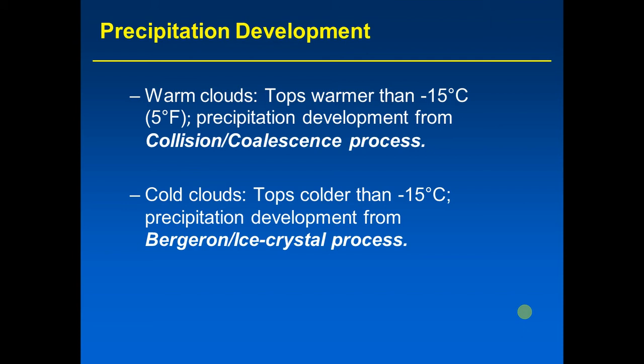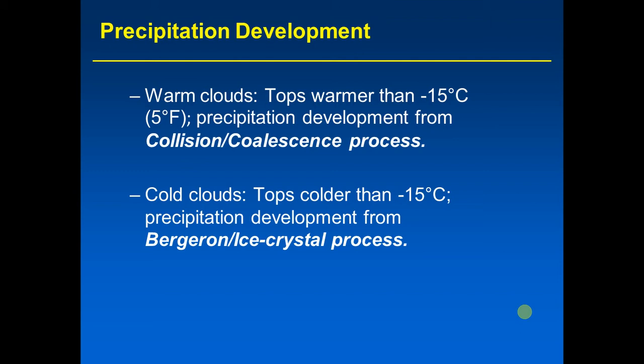In this process, droplets can form very quickly. Generally, clouds that have tops warmer than 5 degrees Fahrenheit are only going to be composed of liquid water, not ice crystals or solid water.